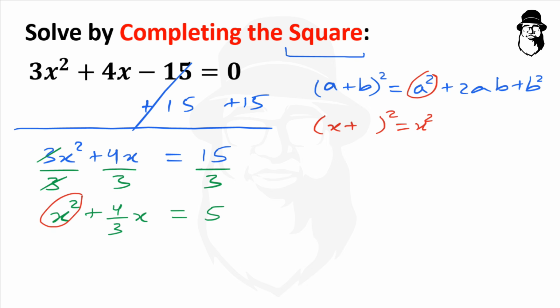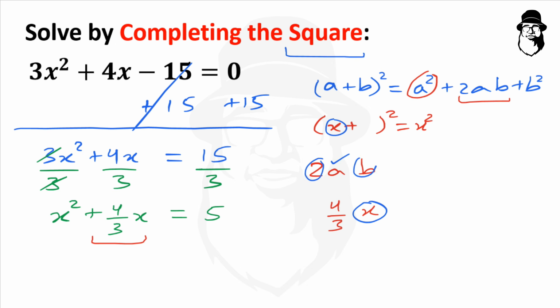Now the next term is 2ab. So if we look at this term, this is equal to 2ab. Now 2ab is equal to 4 over 3x. And we know that x is a, so we are done with a. We are left with 2b. So 2b is this 4 over 3.